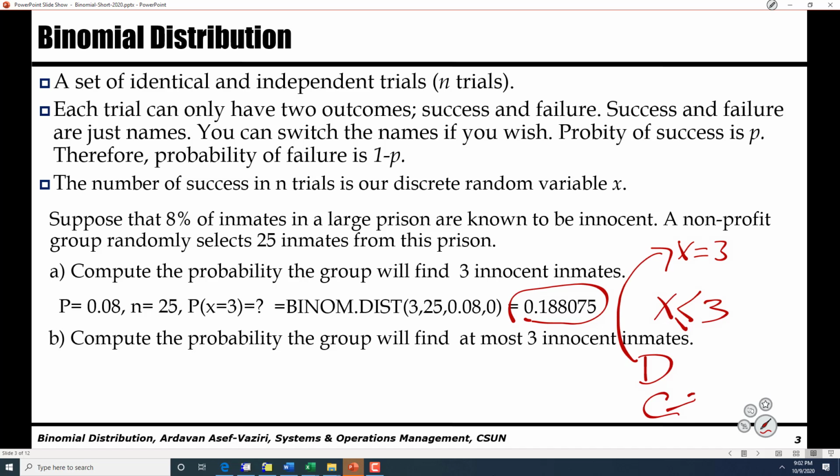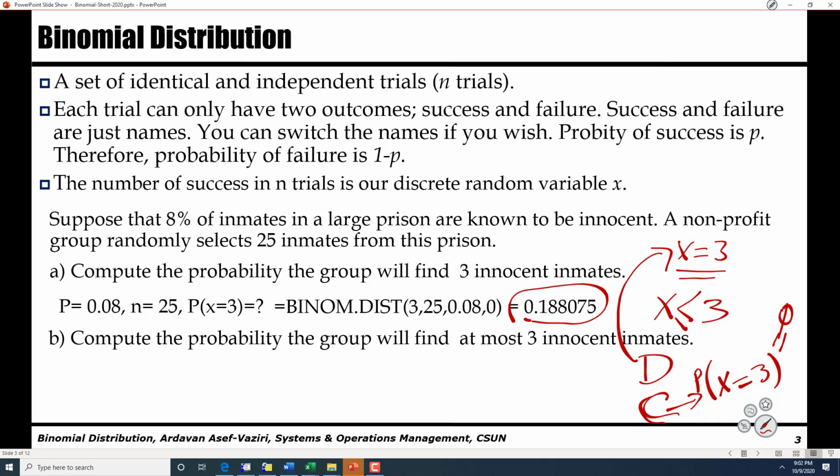But in continuous probability distributions like normal and uniform, the probability of x being equal to 3 is 0. It is 0 in continuous distributions like exponential, uniform, and normal. But in discrete probability distributions like binomial and Poisson, the probability of x being equal to a specific value is not 0.